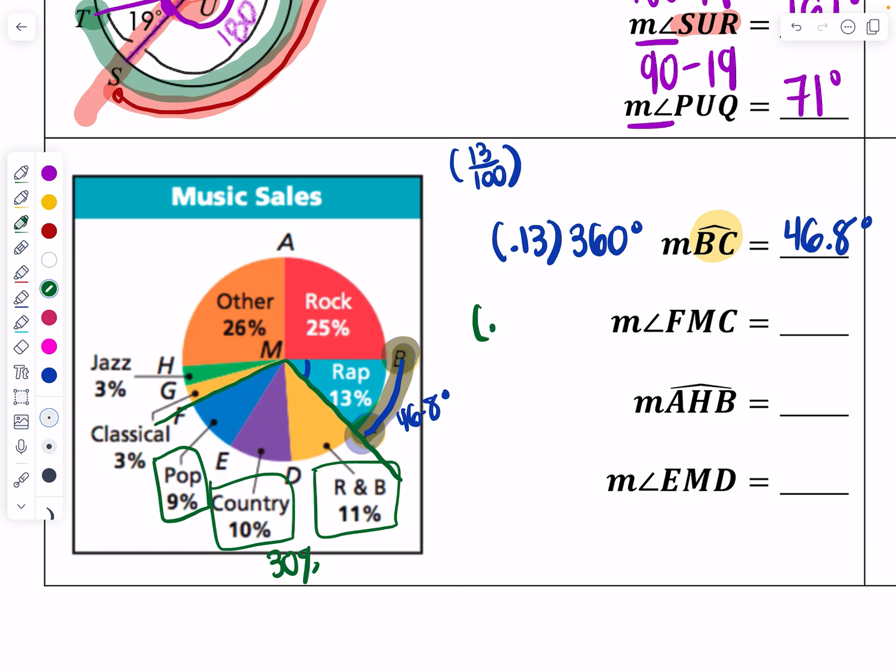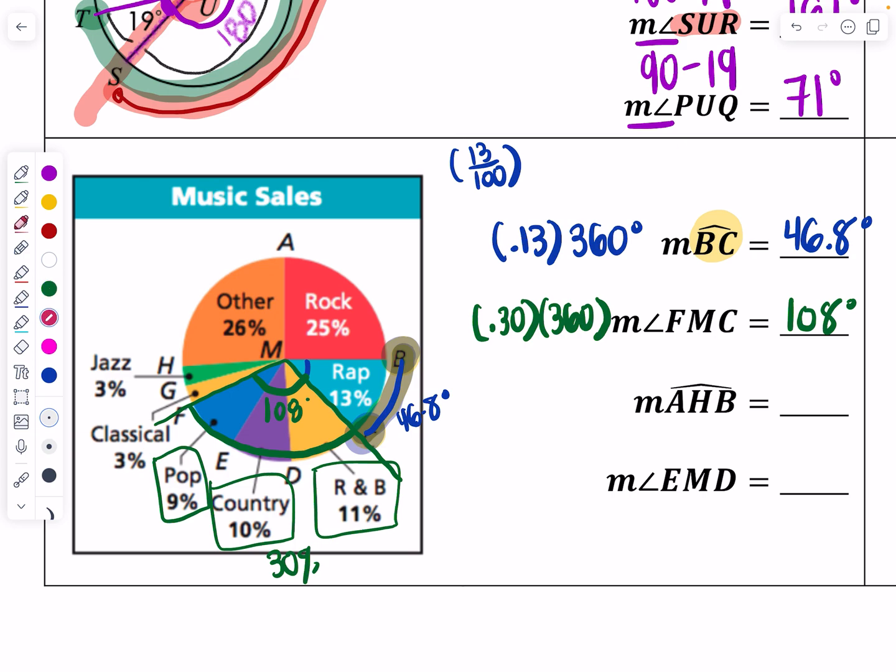So that would be 0.30 times 360. What is 30% of 360? 0.3 times 360 gives me 108 degrees, which is what this arc is. It's also the measure of angle FMC. That is a 108 degree angle. All three of those categories take up 108 degrees of the circle.